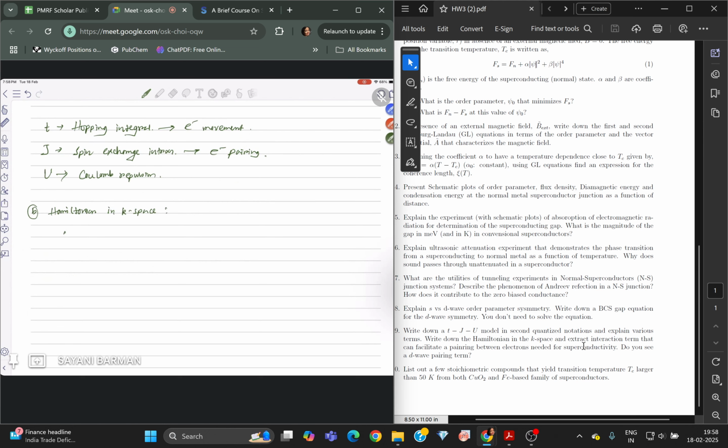If we rewrite the Hamiltonian in momentum space, it will be like this.